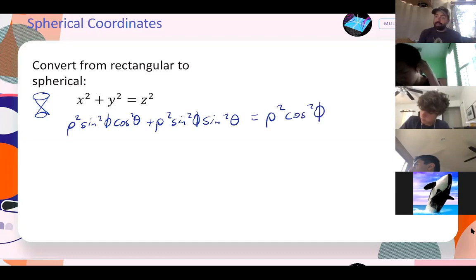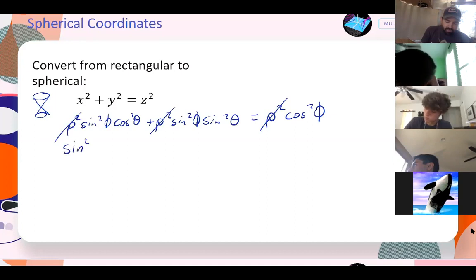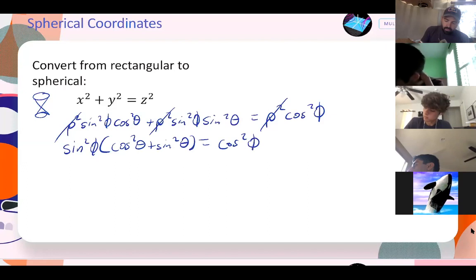And right away, it's like, that's not simpler. True, but we can simplify this quite a bit. One, there's a rho squared in every term, so I could divide by rho squared. Then notice on the left, we could simplify this by factoring out a sine squared phi. What we're left with is cosine squared theta plus sine squared theta, which everyone should recognize is 1.